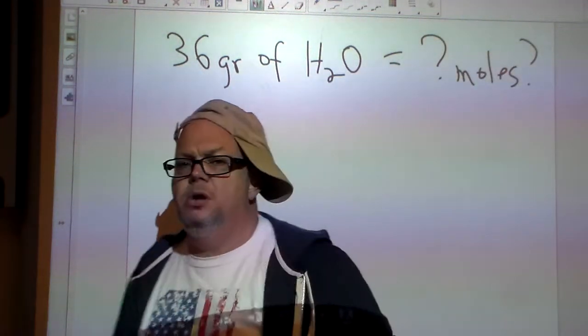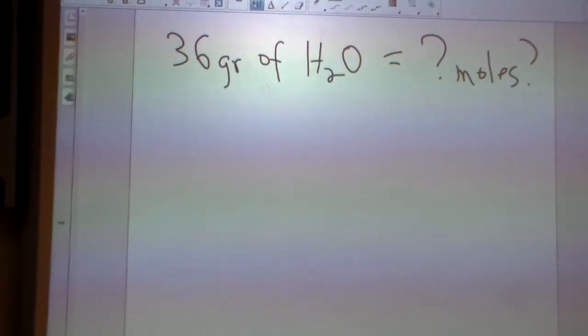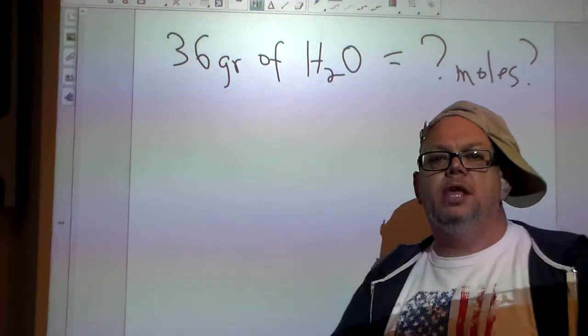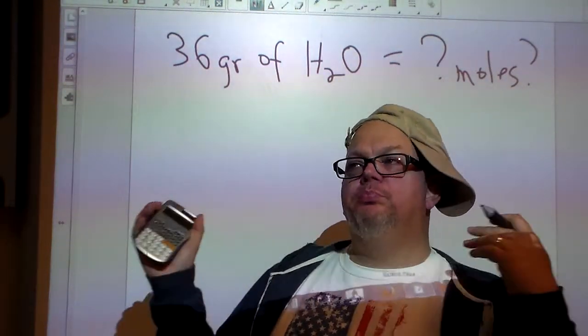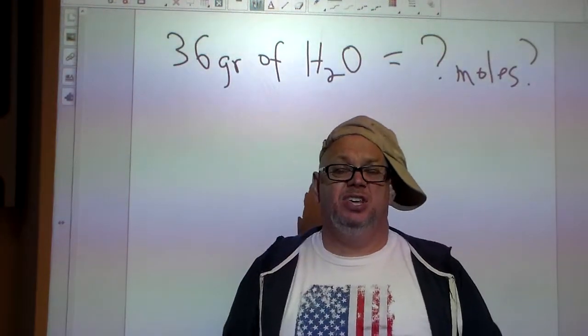Now remember, boys and girls, a mole is a giant number. It's huge. It's like the chemist's dozen. It's this huge, huge number, like 6.02 times 10 to the 23rd. Gosh, it's huge.